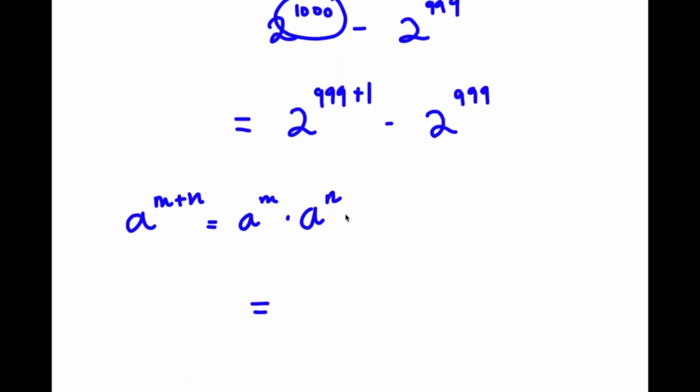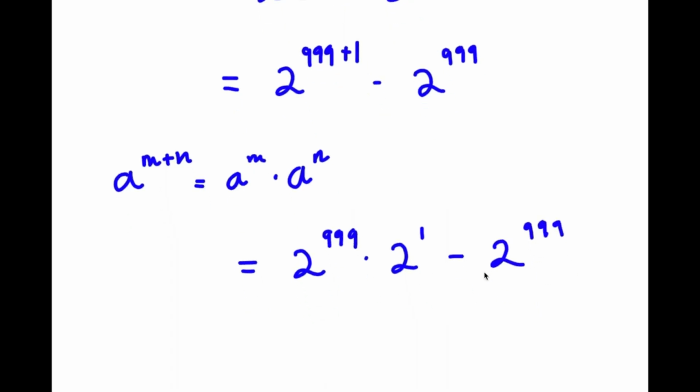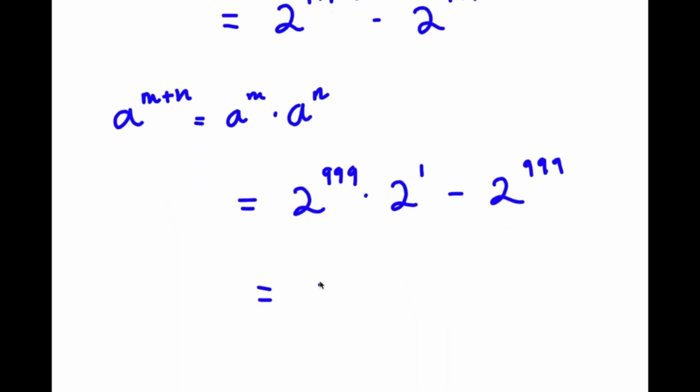So 2 to the power of 999 plus 1 is going to equal 2 to the power of 999 times 2 to the power of 1. Now I have this minus 2 to the power of 999. This is the same thing as 2 to the power of 999 times 2 to the power of 1 divided by 2 to the power of 999, which is simply 2 to the power of 1.